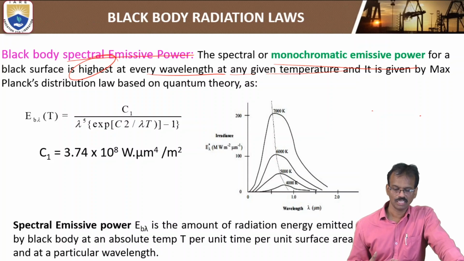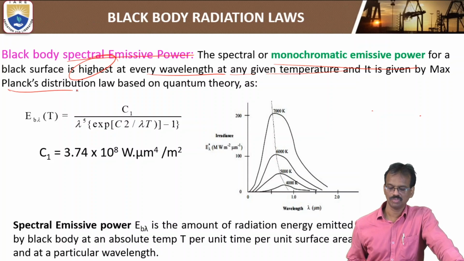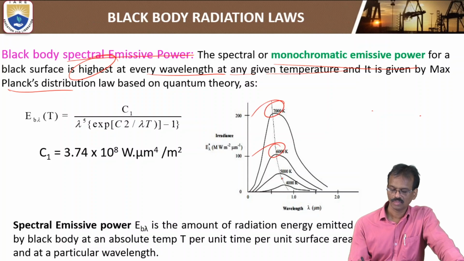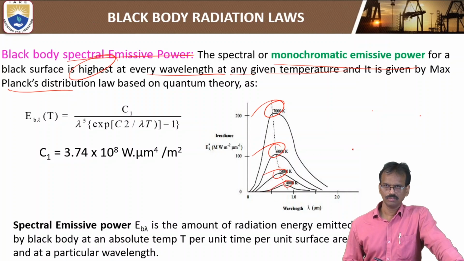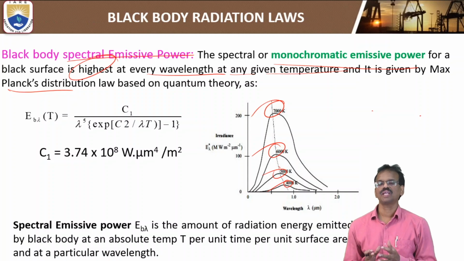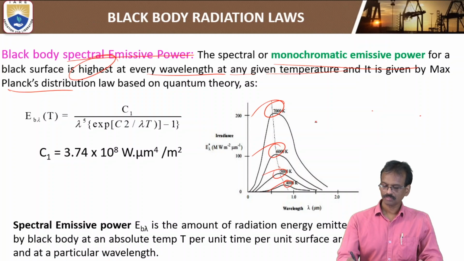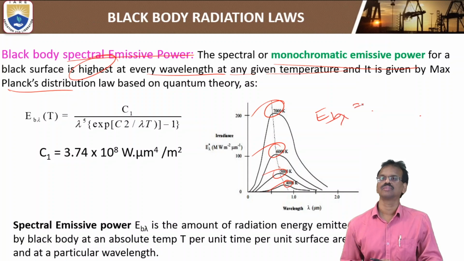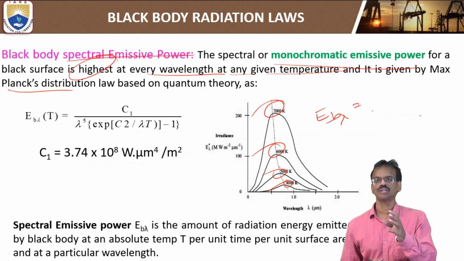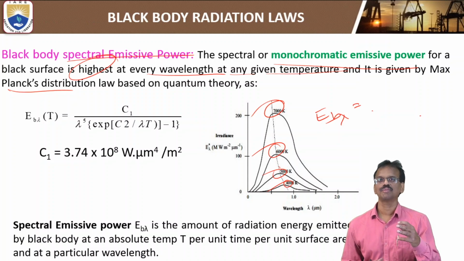That was explained by the Max Planck's law distribution. These are the maximum emissive powers at particular wavelengths. It means finally Max Planck's law is used to find the emissive power at a particular wavelength, so at a particular wavelength we can find out the emissive power by the help of Max Planck's law.